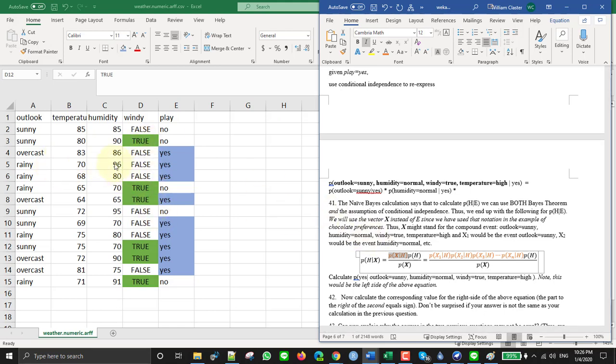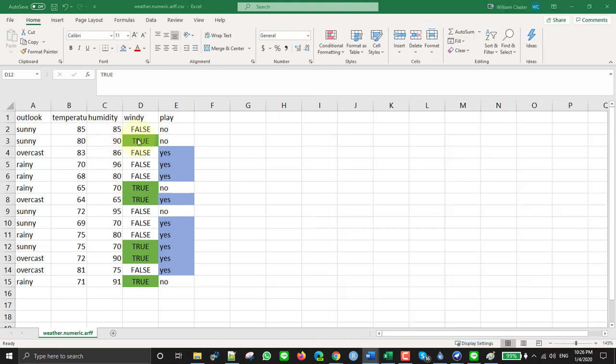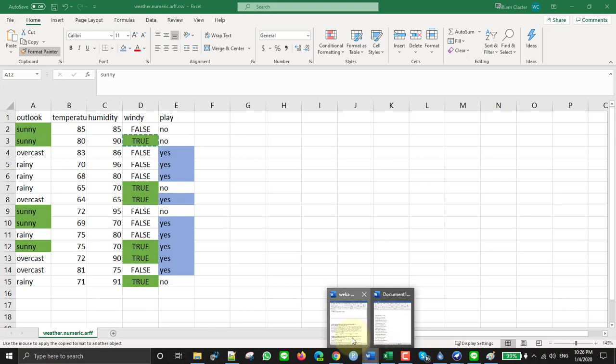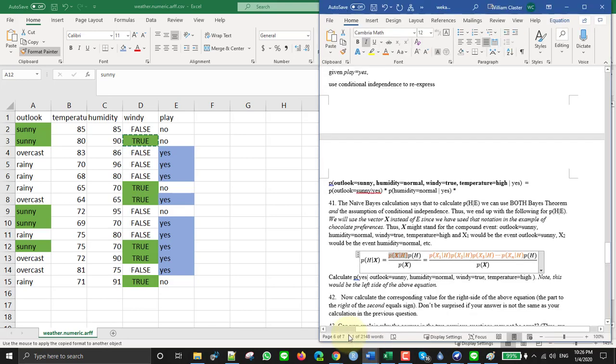Okay, let's put the other ones in green also. So I'll put outlook equals sunny, sunny, sunny, sunny, sunny, sunny. Okay, and then we also want humidity equals normal. Let's get those.